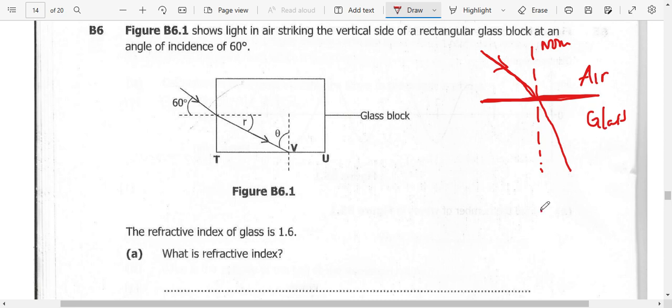But if it was opposite, glass was on top and then air is here, when light is coming from glass towards the air, it will be refracted away from the normal.